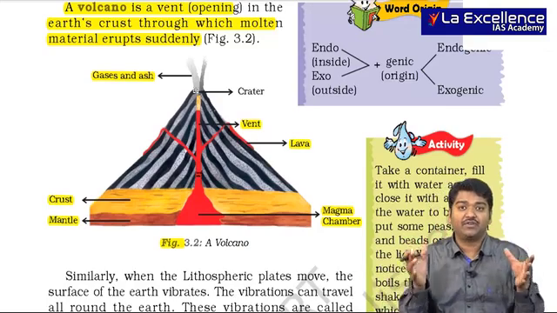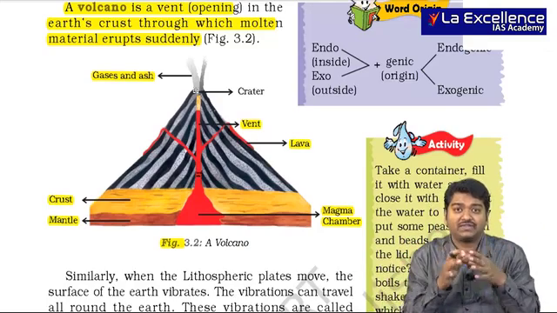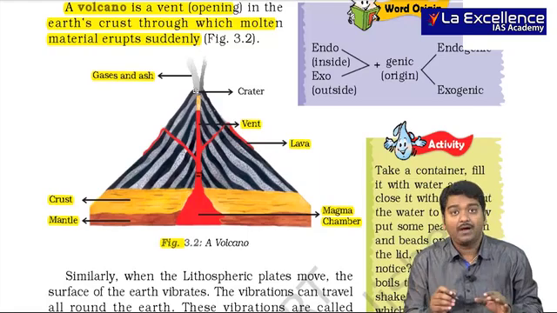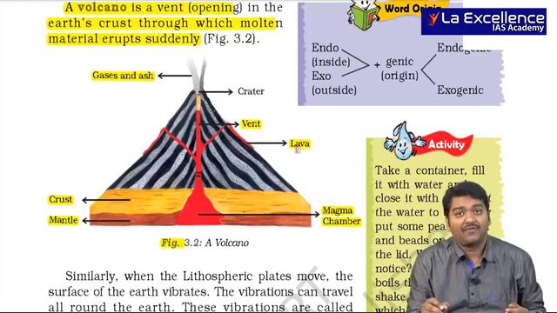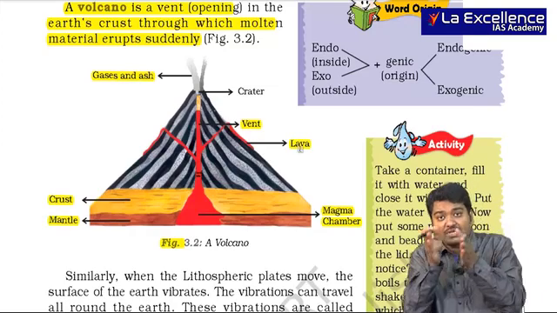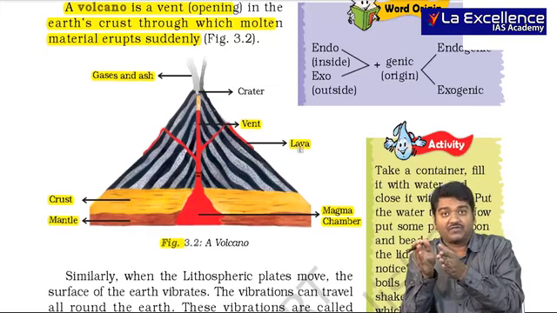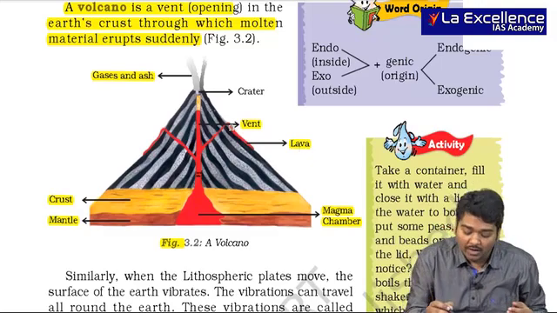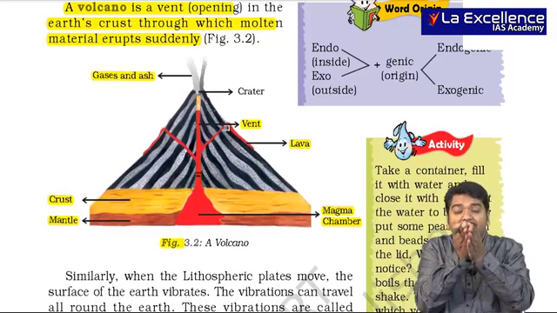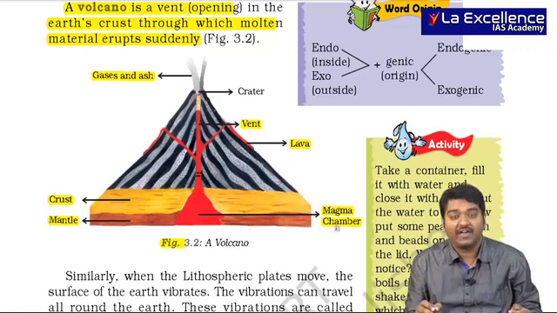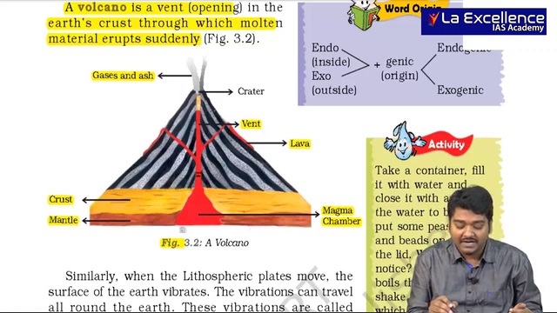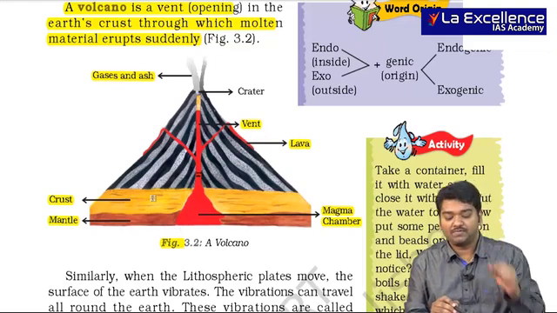Different names are given to different volcanoes on the basis of their emission. But here, what is more important for us are these terms. Lava: once magma comes out of the Earth's surface, we call it lava. Now, the gap through which the magma rises is called the vent. The chamber from where the magma rises is the magma chamber, and it is present in the crust and mantle, which we call the lithosphere.